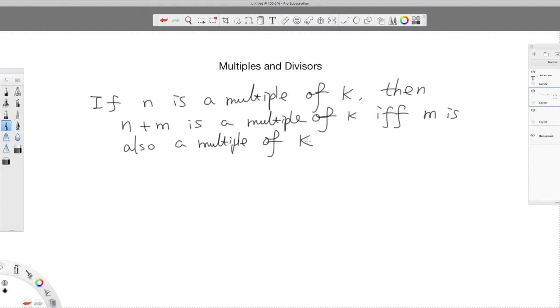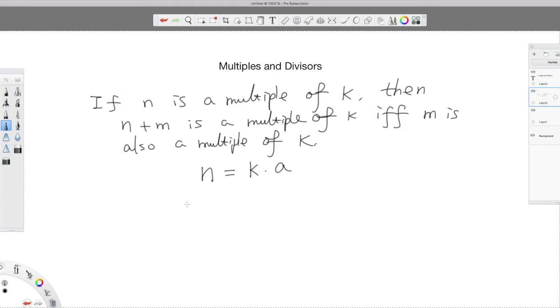In problem 4, we basically have n is 147, k is 7. So 147 is a multiple of 7. Then 147 plus m is a multiple of 7 if and only if m is also a multiple of 7. Right? And a proof of this is actually just thinking from first principles. If n is a multiple of k, that means n can be written as k times a, where a is an integer.